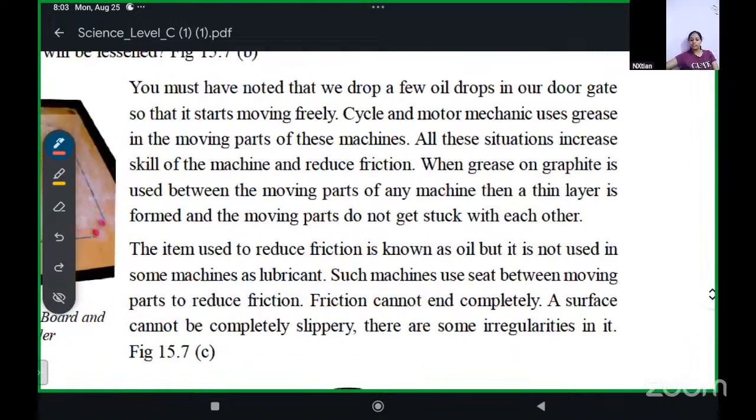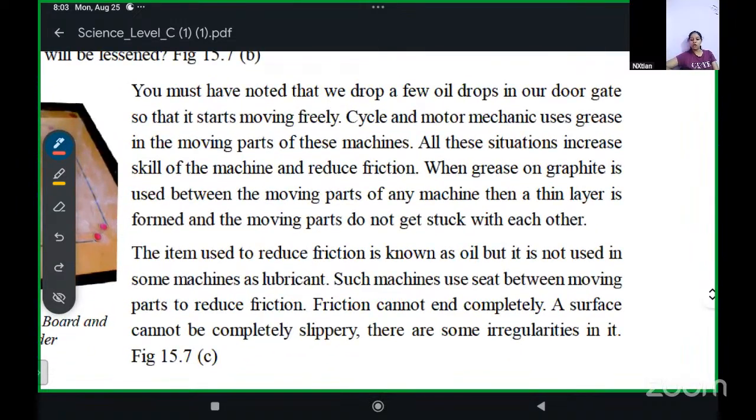You must have noted that we drop a few oil drops on our door gate so that it starts moving freely. Cycle and motor mechanics use grease in the moving parts of these machines. All these situations increase the efficiency of the machine and reduce friction.